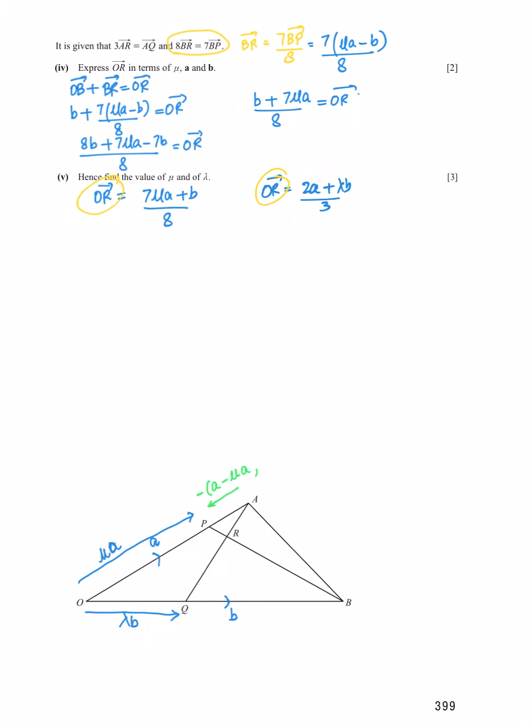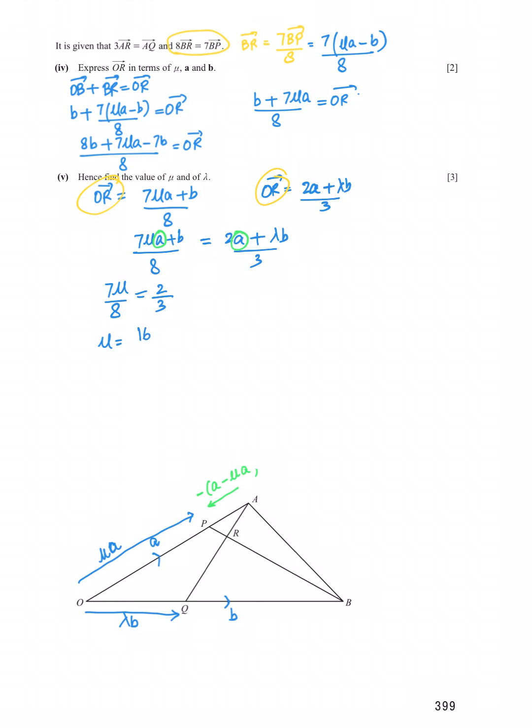So my equation will be (7 mu a plus b) divided by 8 equals (2a plus lambda b) divided by 3. At first I'm going to equate the a with the a. On my left side the coefficient of a is 7 mu divided by 8. On my right side it's 2 divided by 3. So you can solve it.